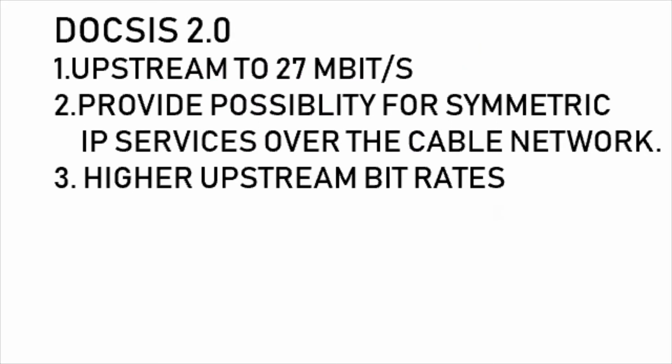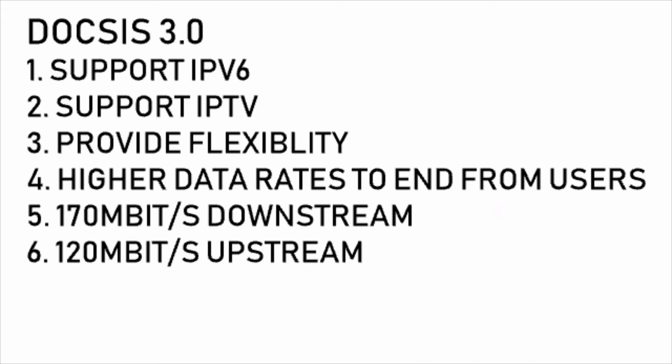DOCSIS 2.0. Version 2.0 targets the upstream direction and it increases the bit rate in upstream up to 27 megabits per second. This version provides the possibility for symmetric IP service over the cable network. DOCSIS 3.0.